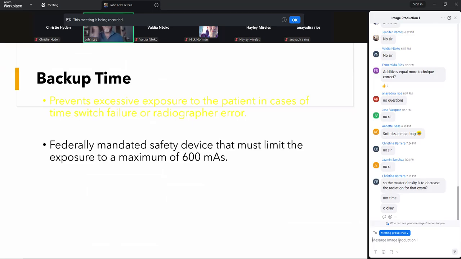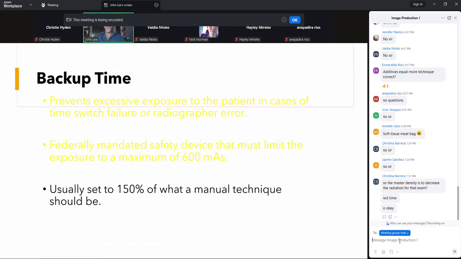Okay. Now, if you don't set a backup time, it is possible that they can receive 600 mAs on an exposure if there's a mistake made. Okay. So we need to set a backup time.